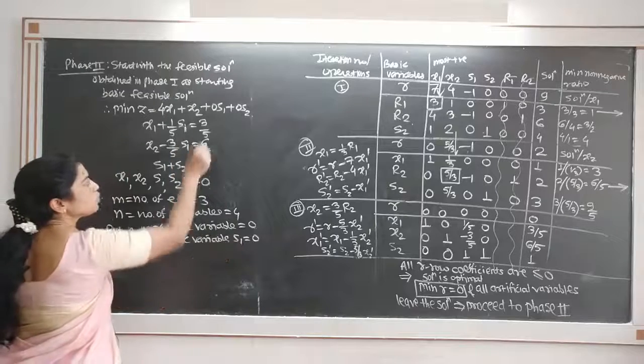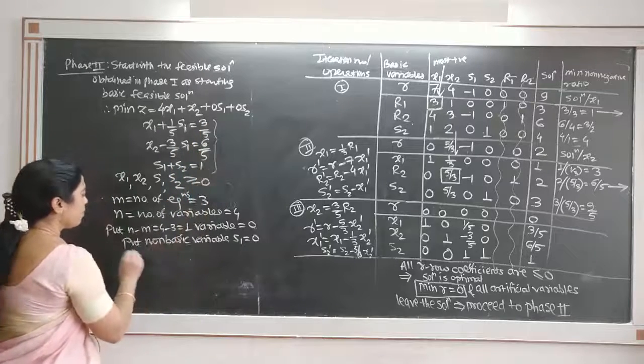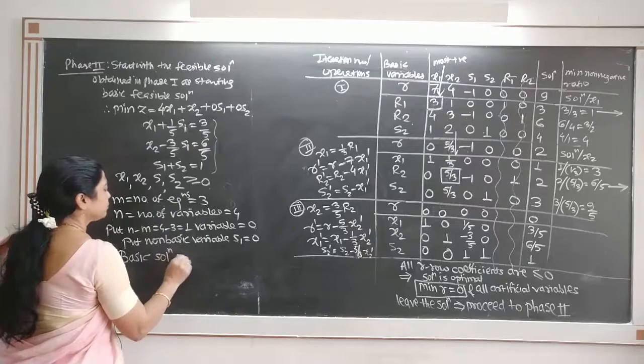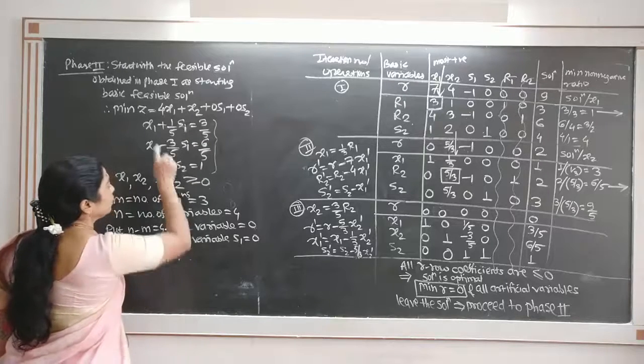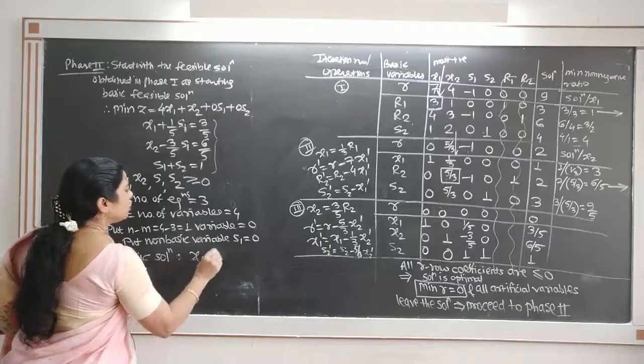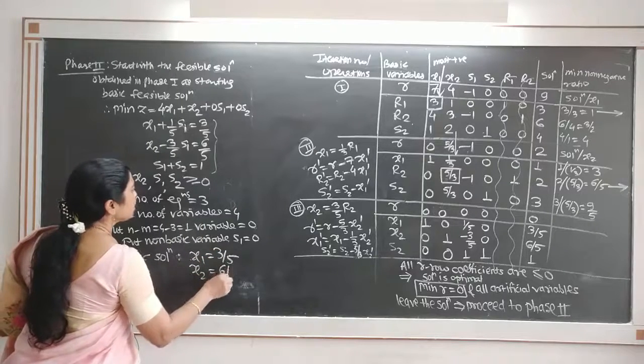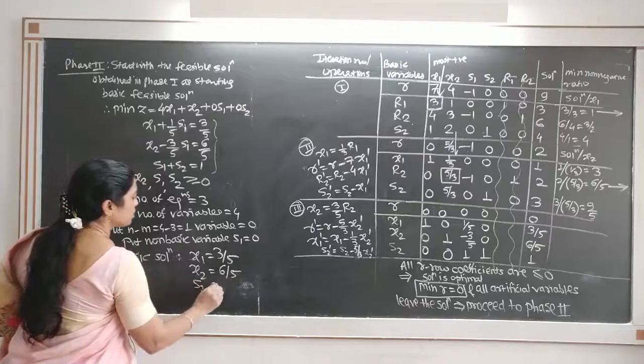Putting S1 equal to 0 in this, we get the basic solution: x1 is equal to 3 by 5, x2 is equal to 6 by 5, and S2 is equal to 1.